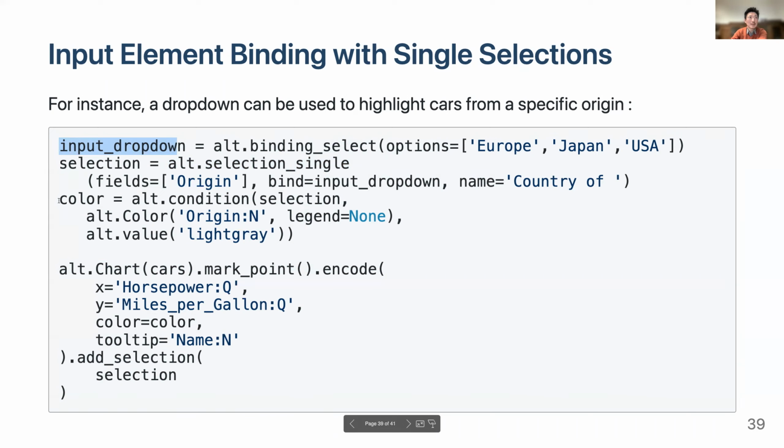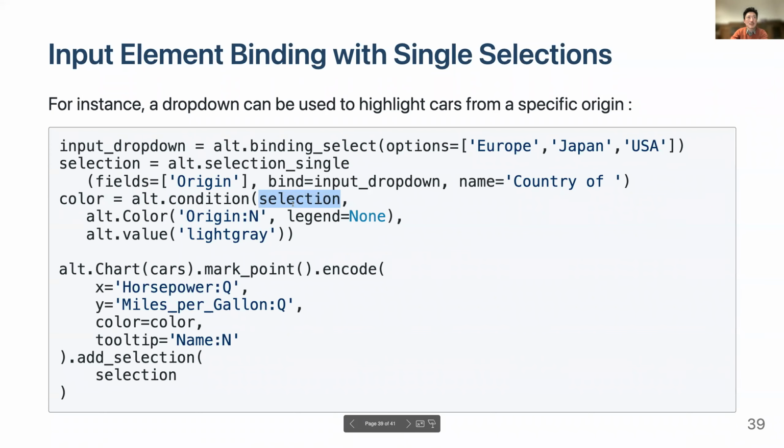And then here is setting the color. This is similar to the condition we saw before. The selection will be this selection here.